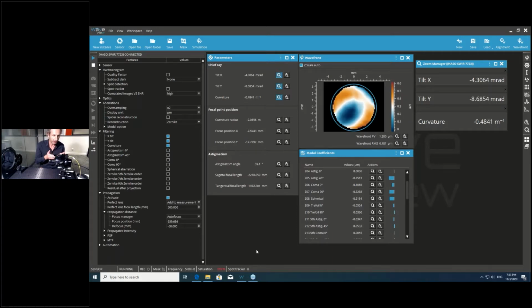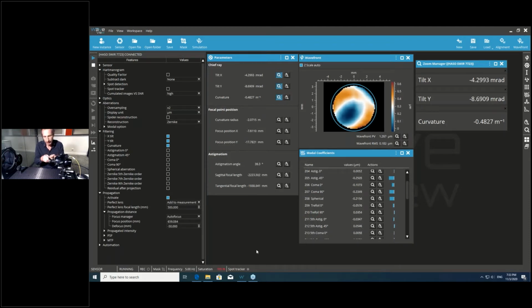The R-FLEX sphere is a combination of the source that is collimated here. The source is 1550 nanometers in the sphere. And then there is here an objective in order to adapt the numerical aperture to the lens we want to measure.